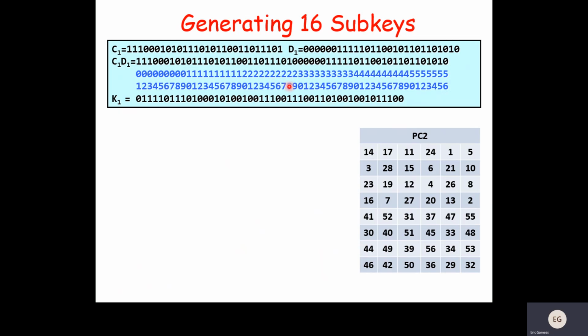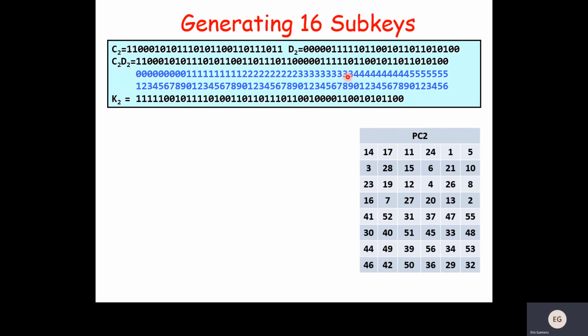Bit 29 is this one, this 0. So this 0 will go here as the bit next to the last. And the last bit will be bit 32. I need bit 32, it's a 0. So this 0 will go here. So this will give me the first subkey. And I apply that 16 times and I will get all the subkeys.